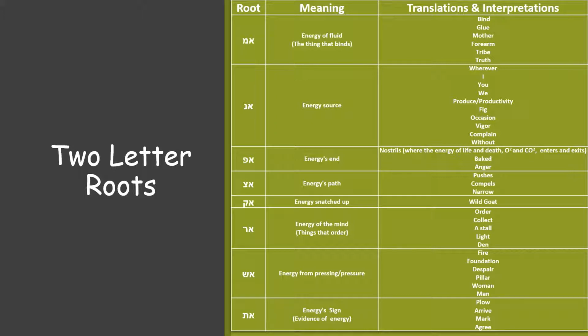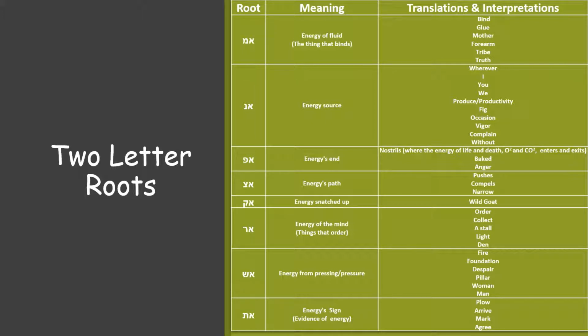Aleph Nun, the energy source, is translated as wherever, I, you, we, produce or productivity, fig, occasion, vigor, complain, and without. Aleph Pe, the energy's end, is translated as the nostrils, where the energy of life and death, that is oxygen and carbon dioxide, enters and exits the body. It's also translated as bait and anger.